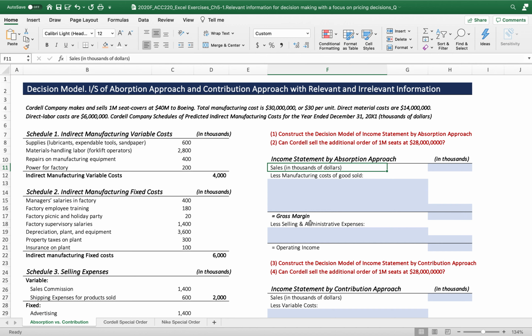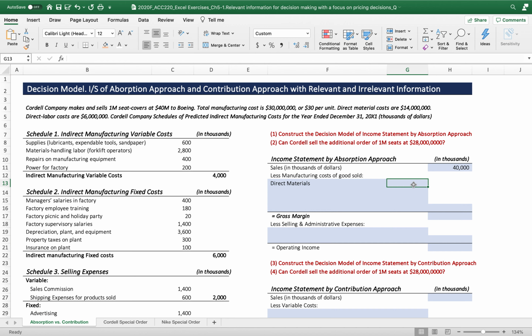Okay, so let's take all this information into this income statement. We have $40 million, but in thousands, so 40,000. That means the 40 million in the dimension of thousands. Now the manufacturing cost of goods sold. Direct materials, how much is that?